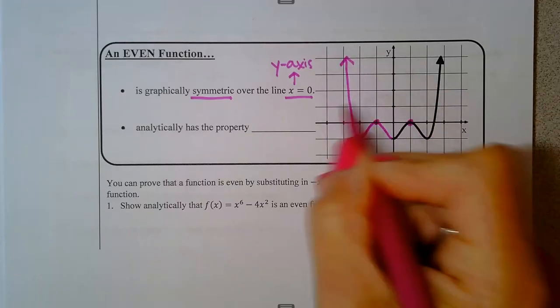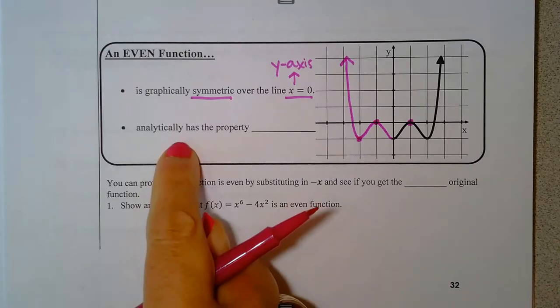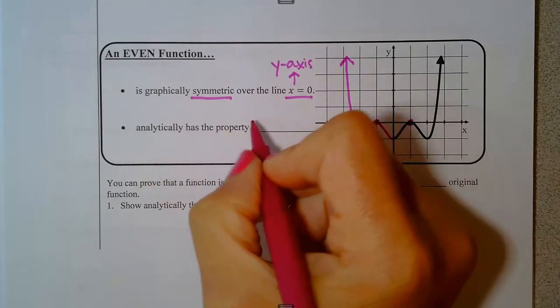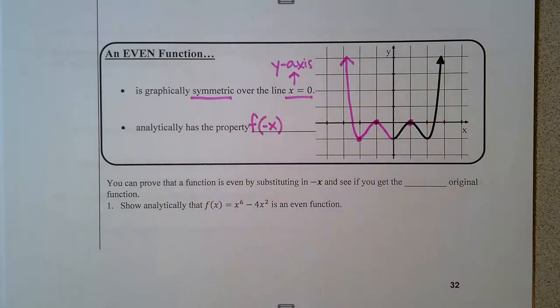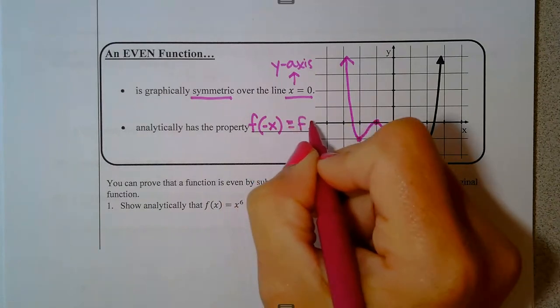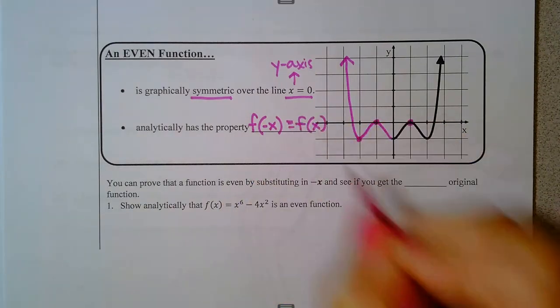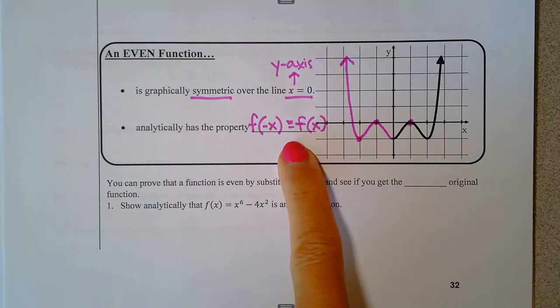When you're just reflecting over, it's kind of easy. Analytically, what it means is if you take the function and you put in a negative x, you are going to get out the original function. Okay, that's kind of weird and that kind of throws people off.